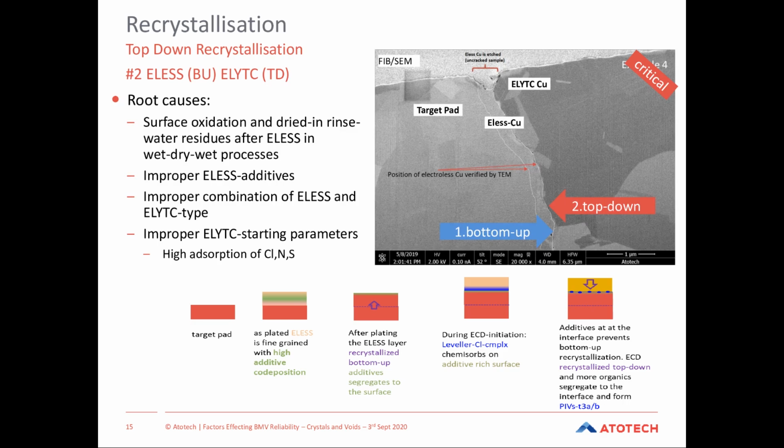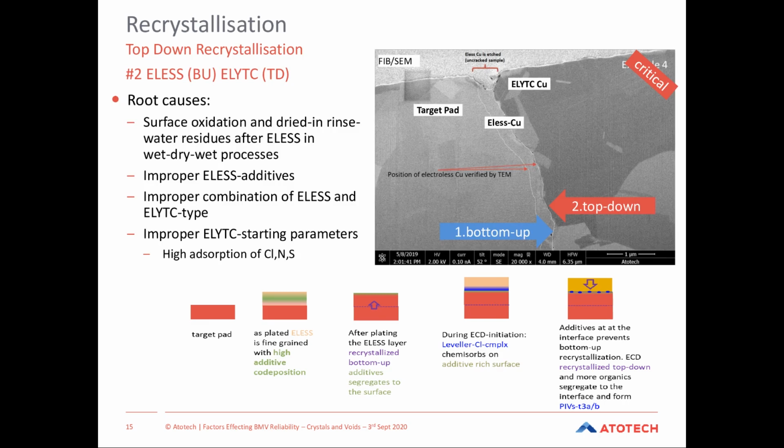So what happens is, as the bottom-up diffusion occurs through the electroless, that diffusion wave collects and pushes all of those additives through in front of it, to the point where they collect at the top of the surface as well. When they're at the top of the electroless, they begin to act as the pinning agent to stop further diffusion.